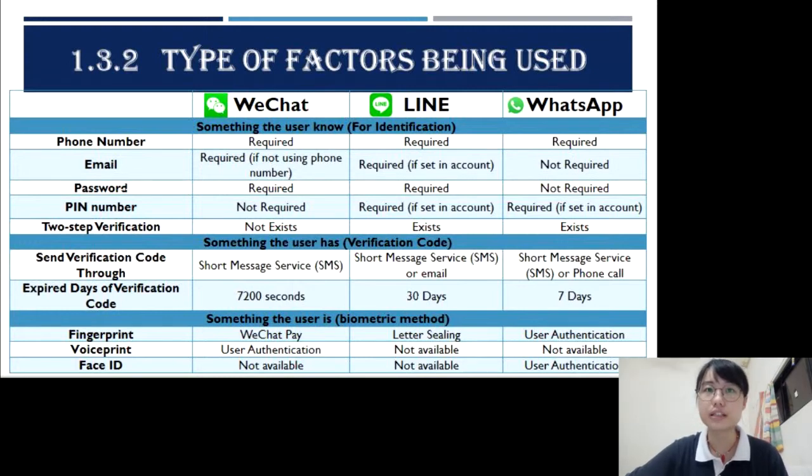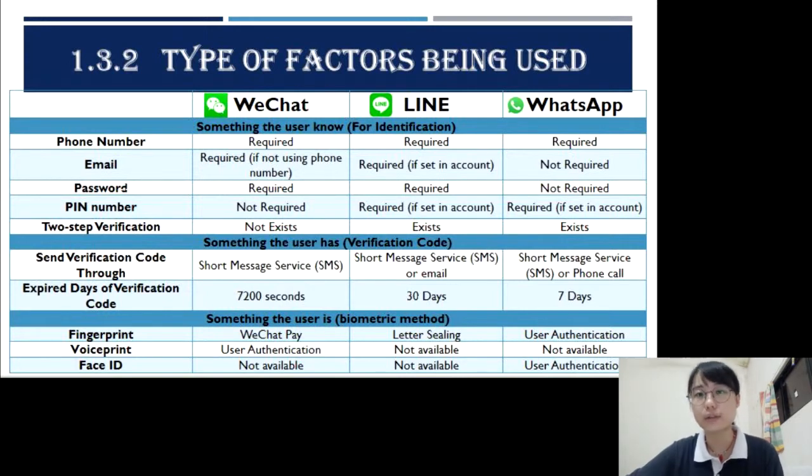Something the user has is when the user uses tokens to help them get back their password if they forget it. For WeChat, it sends the verification code through short message service, which is SMS.